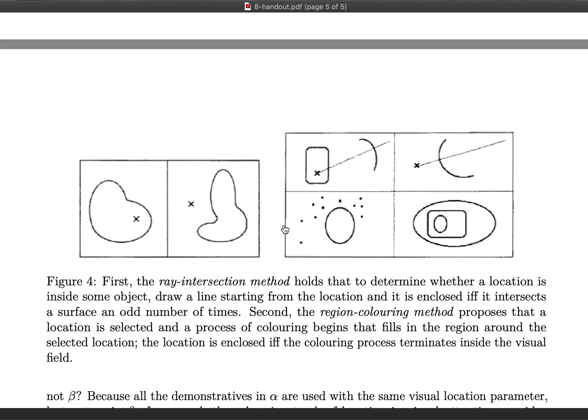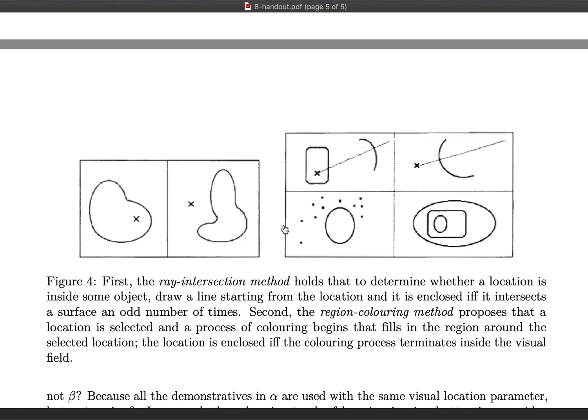Okay, so when we come to have experience of the world, our experience presents various objects as standing in various relations to each other. So we'll see an object as enclosed in another object. And so one thing that cognitive scientists do is think about what are the procedures, what are the algorithms that the visual system employs in order to determine whether an object is enclosed.